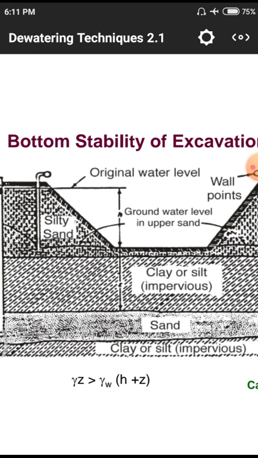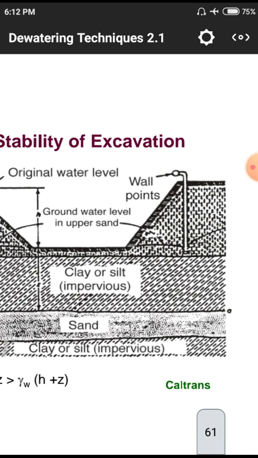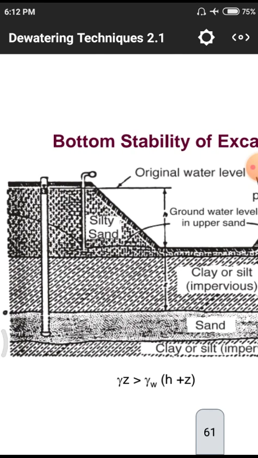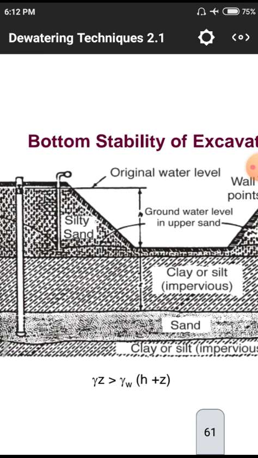First of all, in the upper layer we have a particular quantity of water. The groundwater in the upper sand is removed by using these pumps. On both sides we have two pumps. After that, we construct a bore into the sand. Why? Because sand also holds a particular quantity of water, so in the sandy layer also we install a pump to dewater.